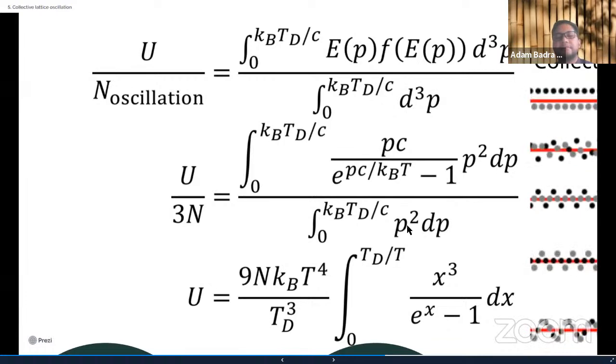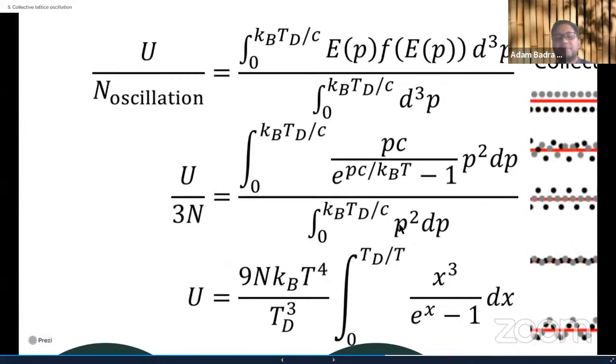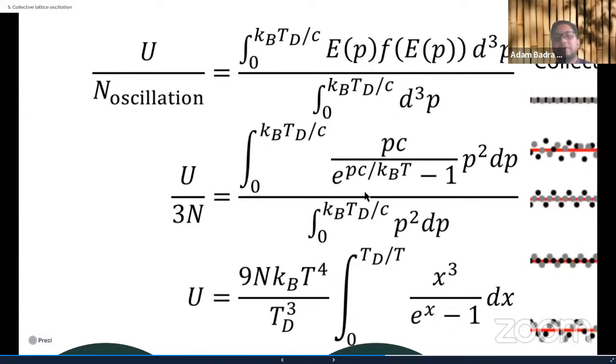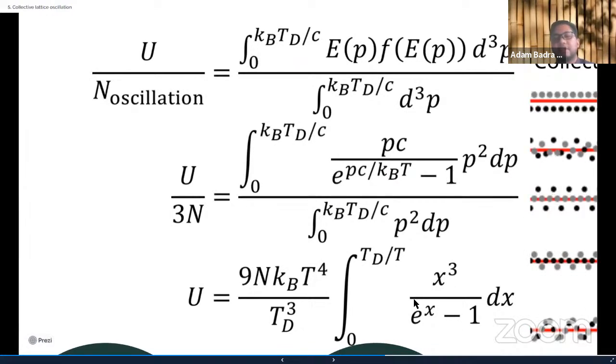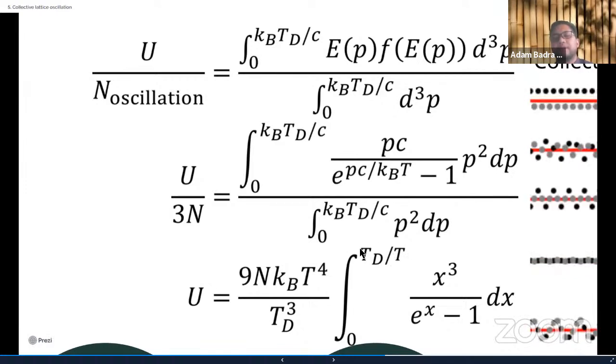So if we make some substitution and calculate this, we find these terms, this integral: x times x to the power of 3 divided by exponential x minus 1 dx. And this integration has a limit from 0 to TD divided by T, and this is what's interesting here.